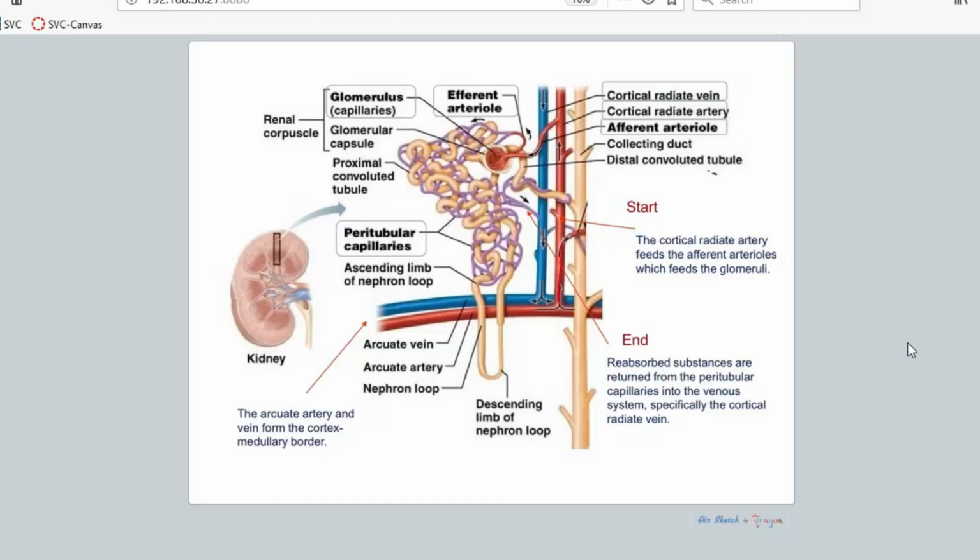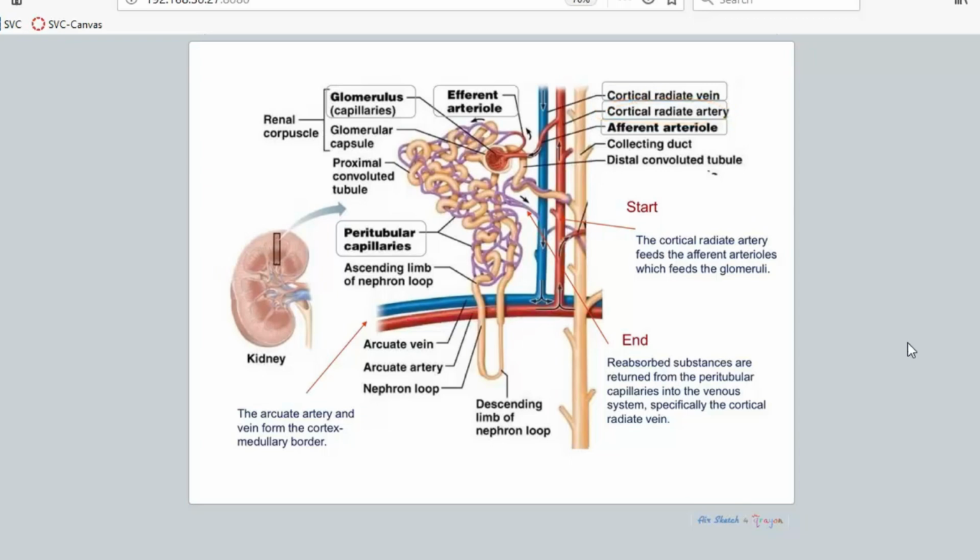So there's a blood vessel that comes off of that. There's a blood vessel that comes off these guys down here, and basically these blood vessels here that I'm getting at, these are called the cortical radiate arteries.